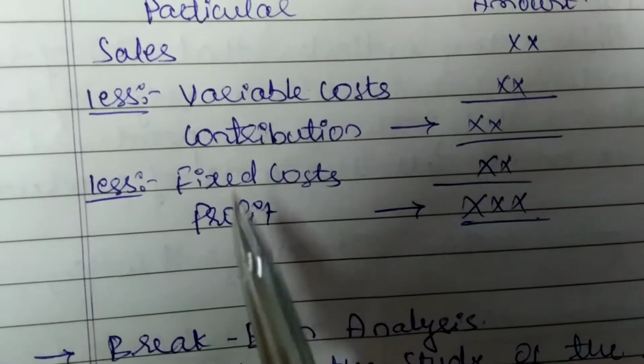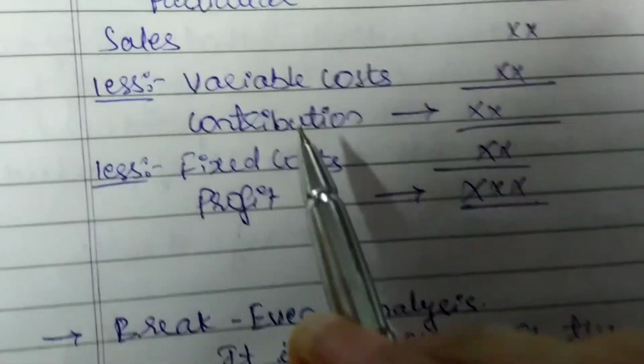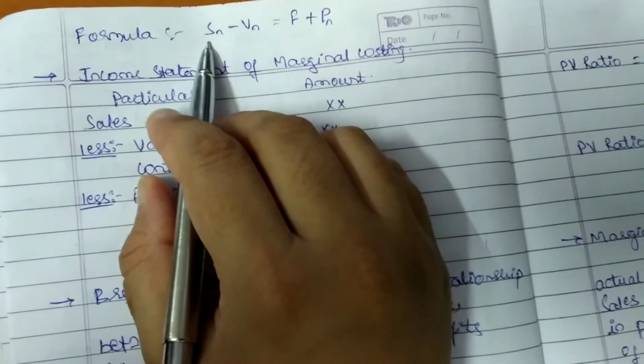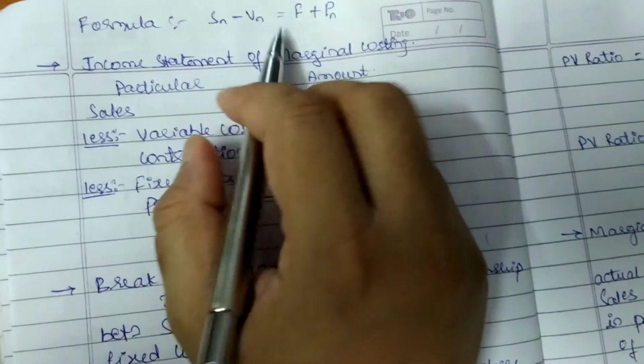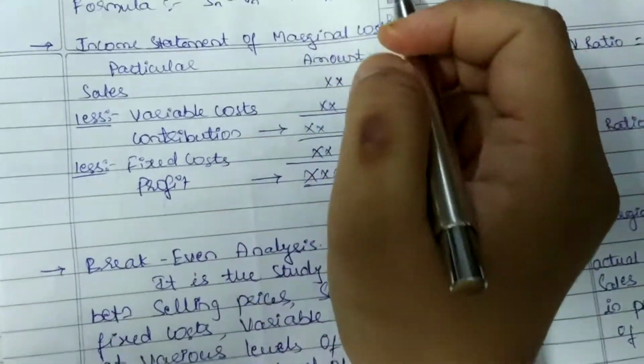So profit is sales minus variable cost minus fixed cost. Or this formula can be used: selling price of n units minus variable cost of n units equals fixed cost plus profit of n units.